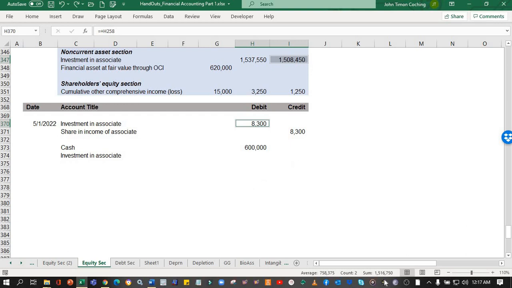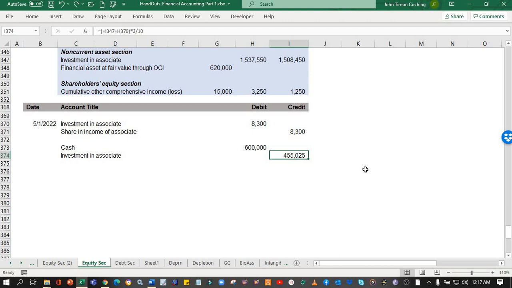At syempre, ito ay para sa buong 100,000 ordinary shares. At since 30,000 ordinary shares lang ang binenta natin, kukunin lang natin yung portion na related sa 30,000 ordinary shares. At siya ay 455,025 pesos. So, syempre, yan ay na-compute as 3/10 or 30,000 ordinary shares over 100,000 ordinary shares.